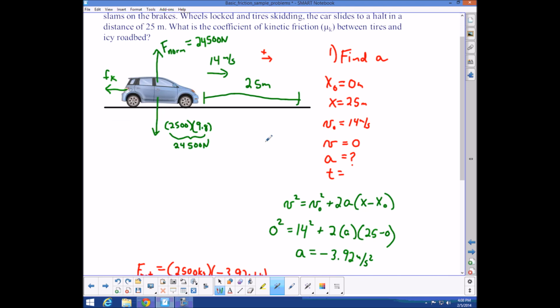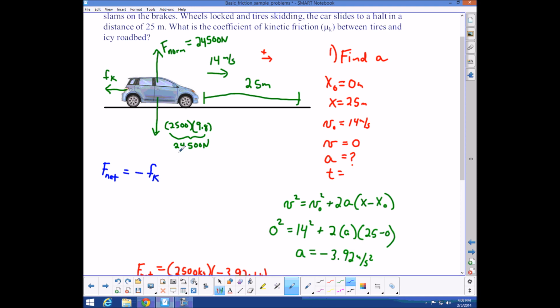And so because we're setting this up so that the right is the positive x direction, and because Fk is referring to the size of the force of friction, we have that the net force acting on the car is the opposite of the force of friction. It's the force of friction acting to the left.